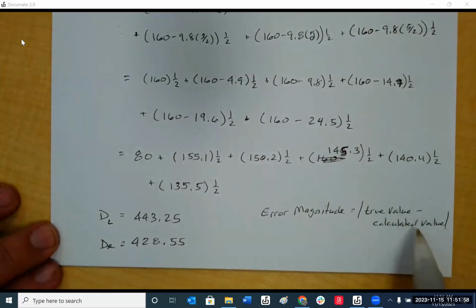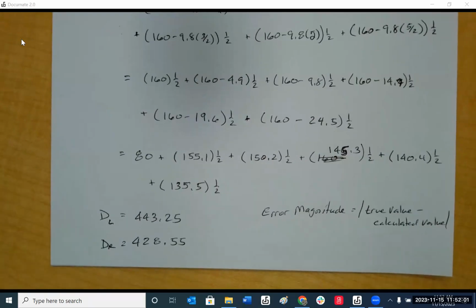If we know the true value, we can find the error magnitude, because this is looking for how bad we are really off.